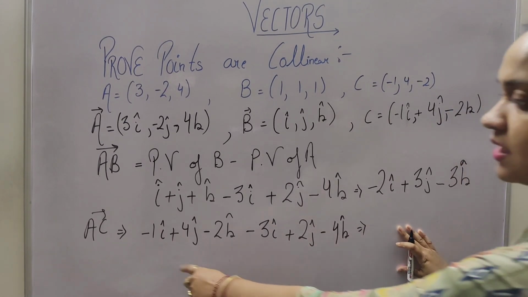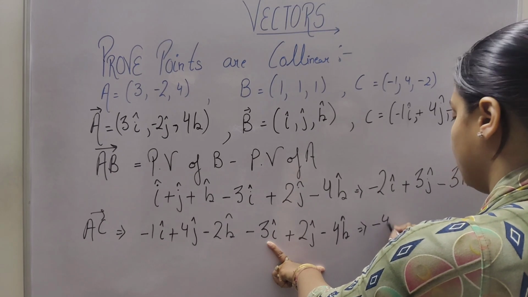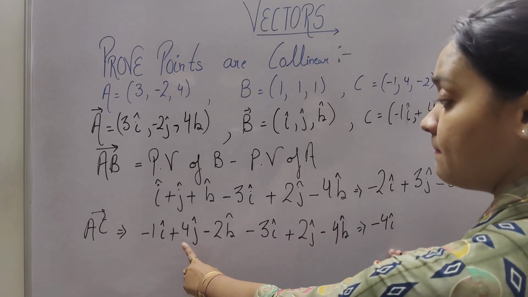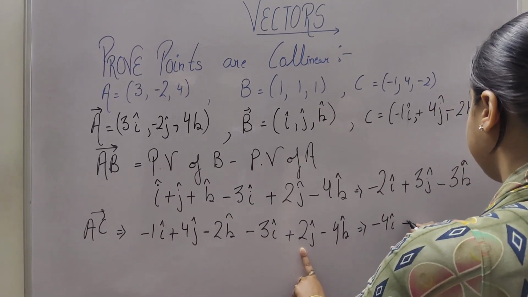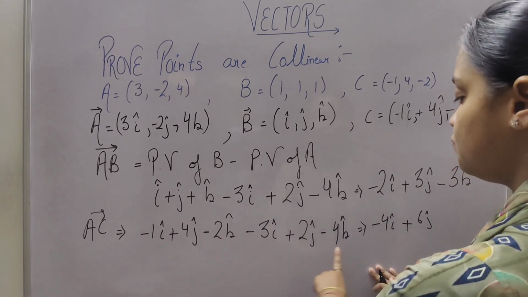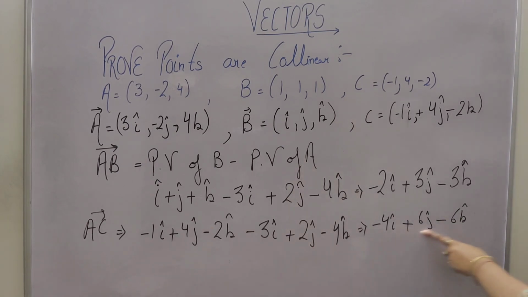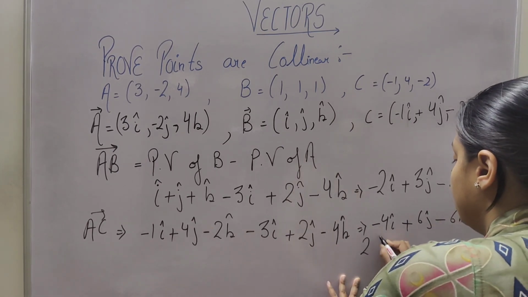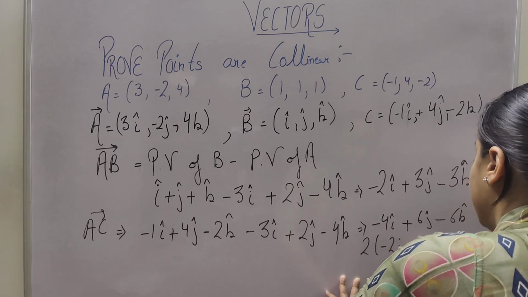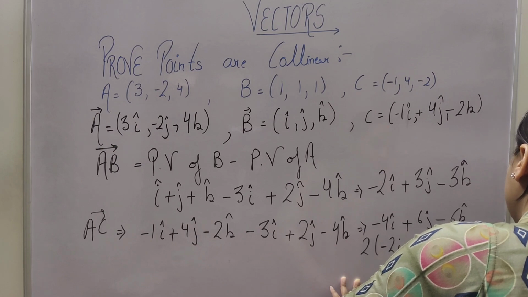So your answers come minus 1 minus 3, which comes minus 4 of I, plus 4 and plus 2 plus 6 of j, minus 2 minus 4 minus 6 of k. So if we take 2 as common from this equation, minus 2i plus 3j minus 3k.